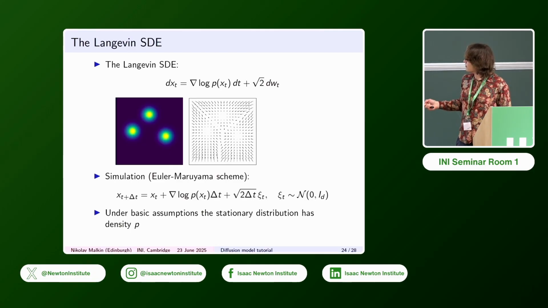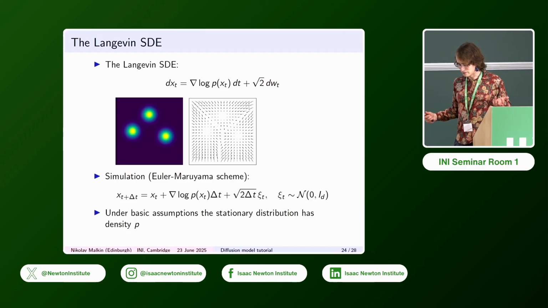And if stochastic differential equation is scary, then we can just think about how it's simulated in discrete time. To step from xt to xt plus delta t, I make a step along the gradient scaled by delta t, and I add a noise of variance 1, which is supposed to be scaled by the square root of delta t.